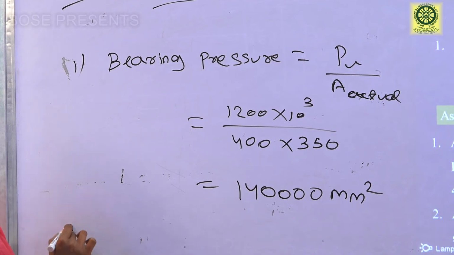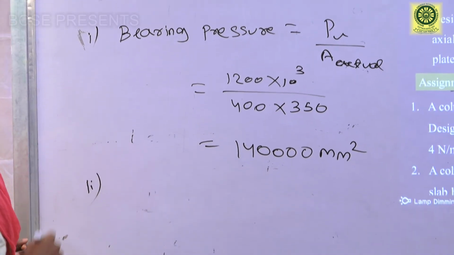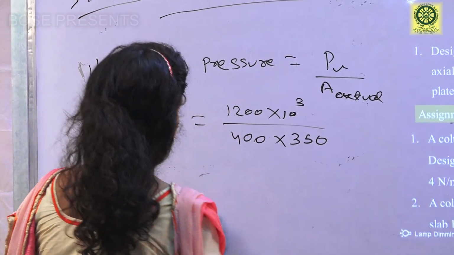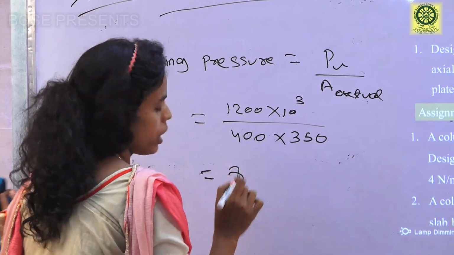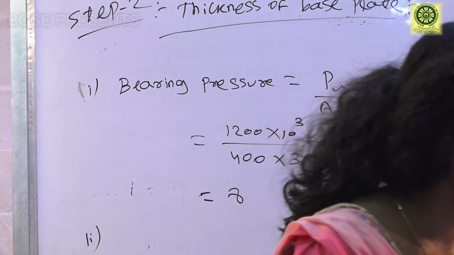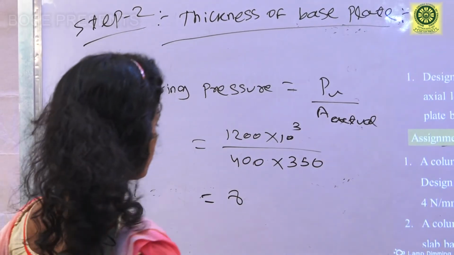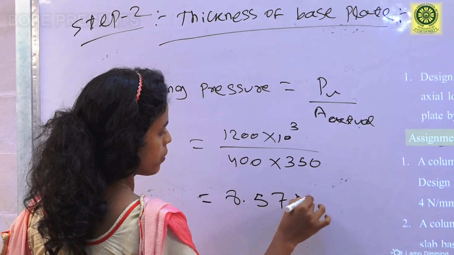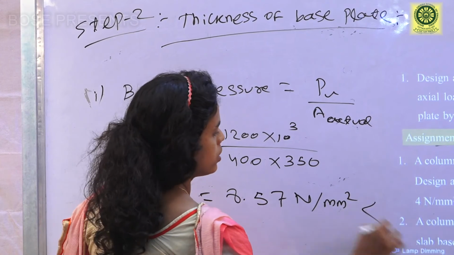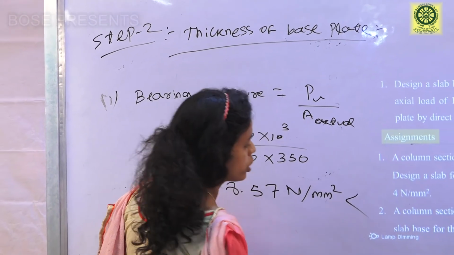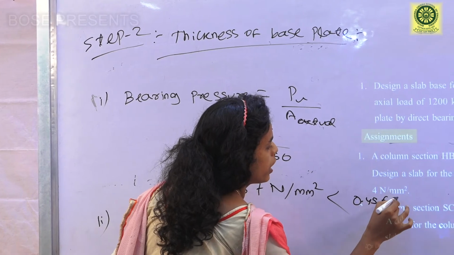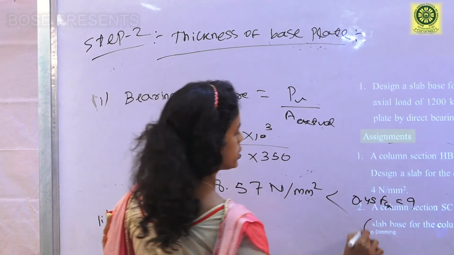The pressure comes to 8.57 Newton per mm square, and that should be less than the bearing strength that was calculated as per IS 456, that is 0.45 fck. The value is 9, so it is less, then it's okay.